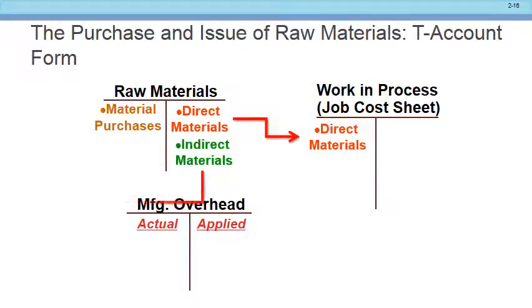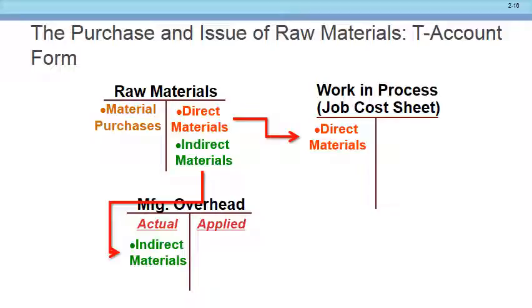So let's go ahead and take ourselves through a set of T accounts now, and we're going to follow the bouncing ball as we go through the T accounts and watch how these transactions go through. So you start out with your materials purchased. So you debit raw materials, you credit cash, accounts payable, whatever, for those things that you bought, right?